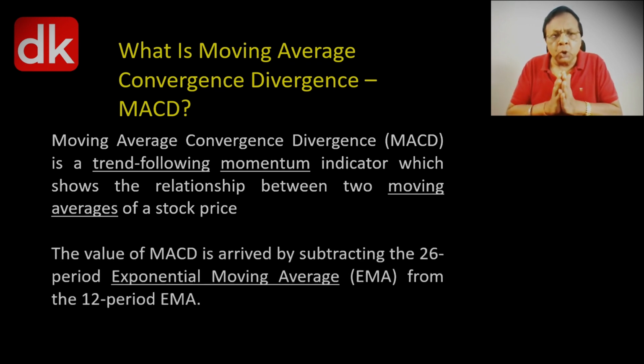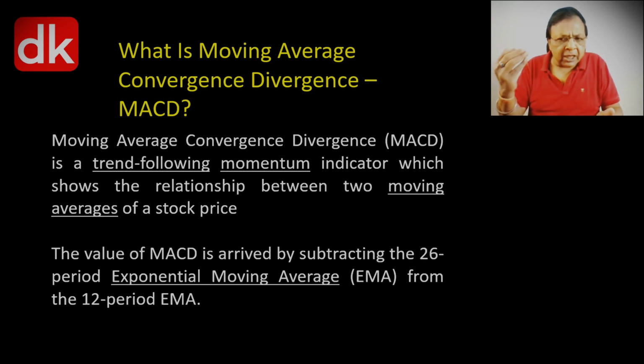So friends, what are those moving averages? EMA, exponential moving average 26, and exponential moving average 12. The moment you plot on the body of the chart EMA 26 and EMA 12, you can understand the momentum aspect of price action in the market and the value of MACD. Because on the price chart, a MACD line is automatically drawn.